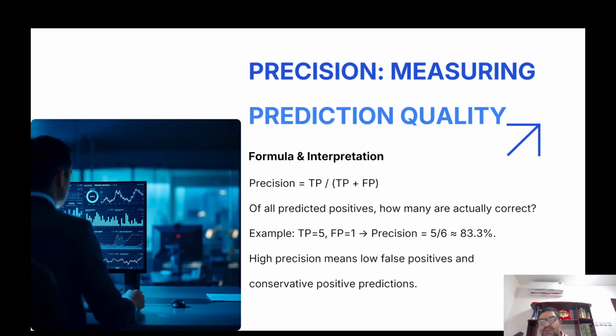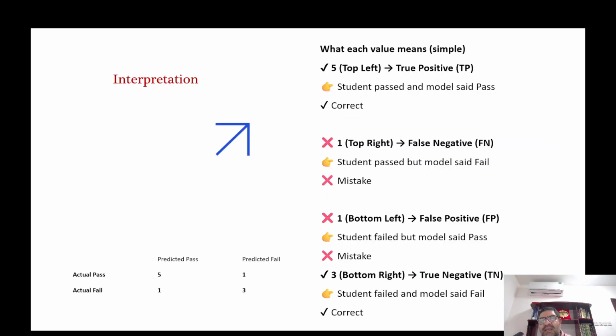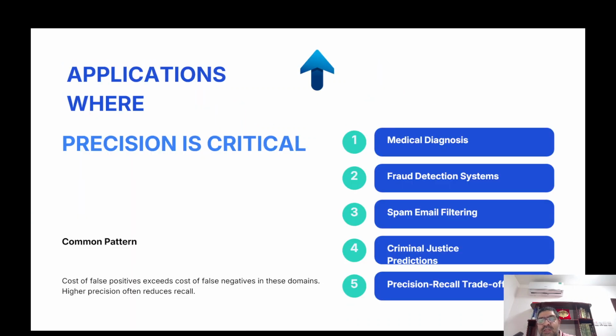So what are false positives? If you look again here, the false positive is that somebody has failed, but the model is saying it is a pass. If you correlate it, you will understand that there is a fraud which is detected as normal. In medical diagnosis, a problem is there in a patient, but it is saying it is clean.